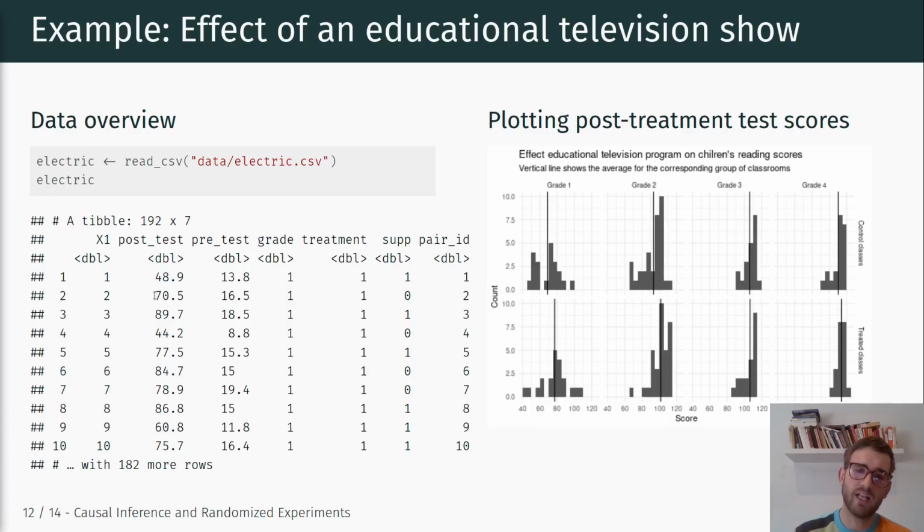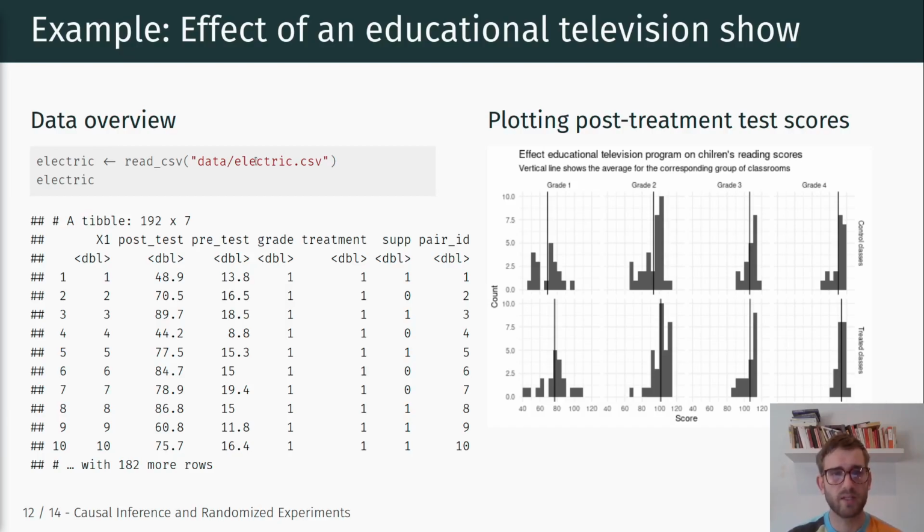Some of those classes were assigned to the treatment group where they actually viewed this educational television show, and some were assigned to a control, so they didn't view it. So our substantive question is whether this educational television show was effective in increasing reading comprehension, or reading scores.